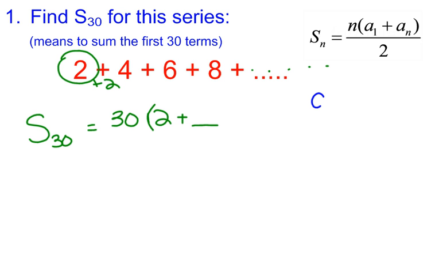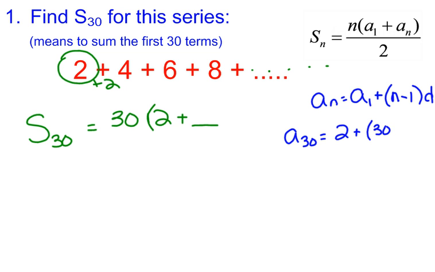So I would say I'm going to use this formula right there. That's my explicit formula for arithmetic sequences. And again, these are given to you on your test. And I'm going to say, okay, I need to find my 30th term. So I'm going to find the 30th term. I take the first term plus the 30 minus 1, because n is 30. And my common difference is a 2.